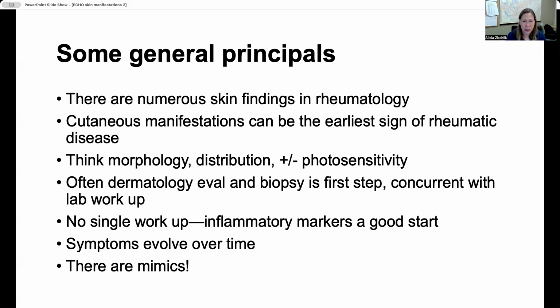Look at platelets, look at cell counts, and then inflammatory markers. And elevated inflammatory markers for us are always very helpful to know about. Often symptoms evolve over time, and so rashes wax and wane, and it can be helpful to reassess at different times. And then there's plenty of mimics of different disease processes and of the skin.